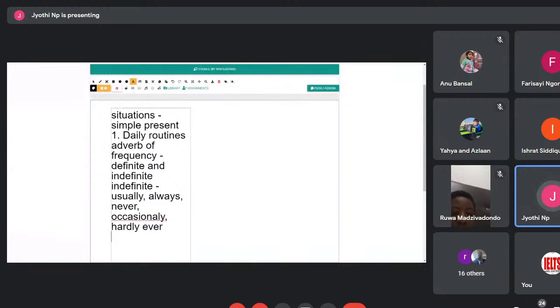Now, what is the structure when we want to use these in daily routines? This is the time where we make mistakes most of the time. We usually use the adverb in the beginning, right? But actually the structure is: first you need a subject, then the adverb of frequency, then the verb, and then the remaining part of the sentence.